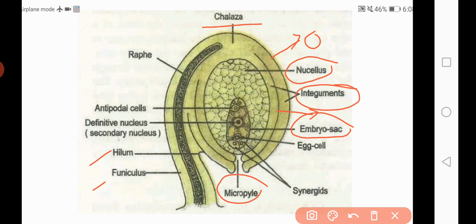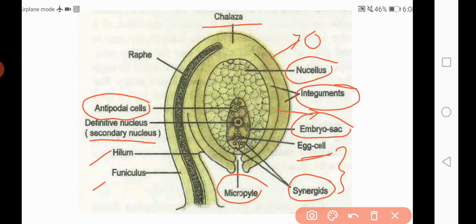Am I clear? Now, in the embryo sac, three groups of cells are present. Antipodal cells are present at the chalazal end. Then the egg apparatus is present at the micropylar end, where it consists of a single egg cell and two synergids, and at the center it contains a secondary nucleus.